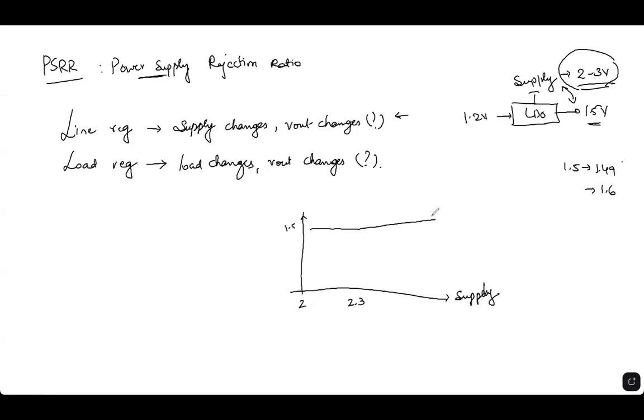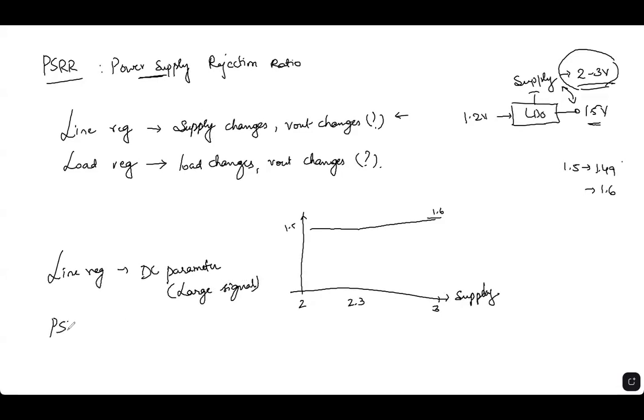It was 1.5 here, it became 1.6 here. Meaning it's just varying the supply in DC terms. So line regulation is more of a DC parameter, or I can also call it a large signal parameter. Large signal specification, let's put it that way.